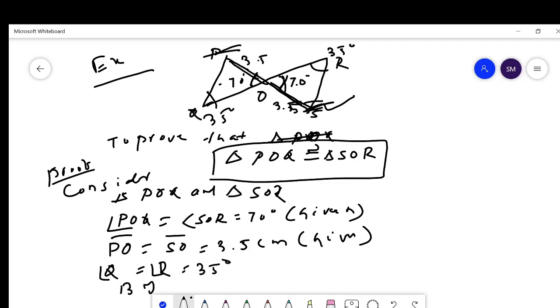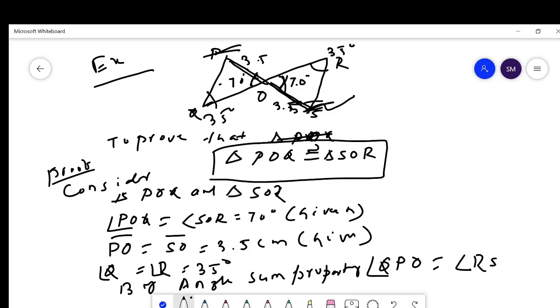Then by the angle sum property, angle QPO is equal to angle RSO, which is 180 minus (70 plus 35) degrees, which is equal to 75 degrees.